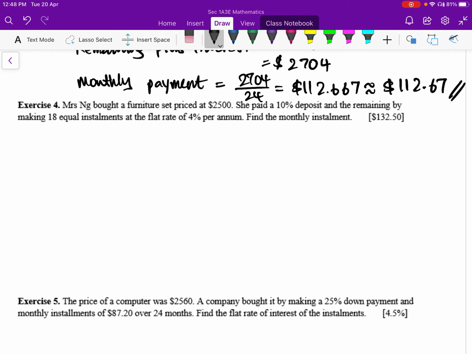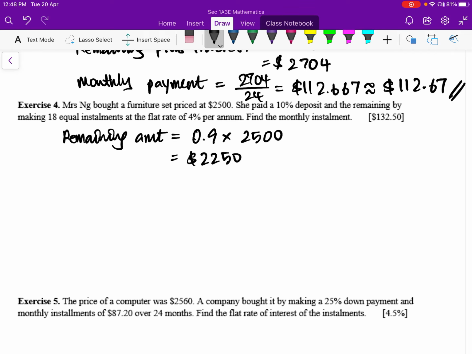It is a very similar question to the previous one. So remaining amount will be 90%, 0.9 times 2500. So it still owes 2250.